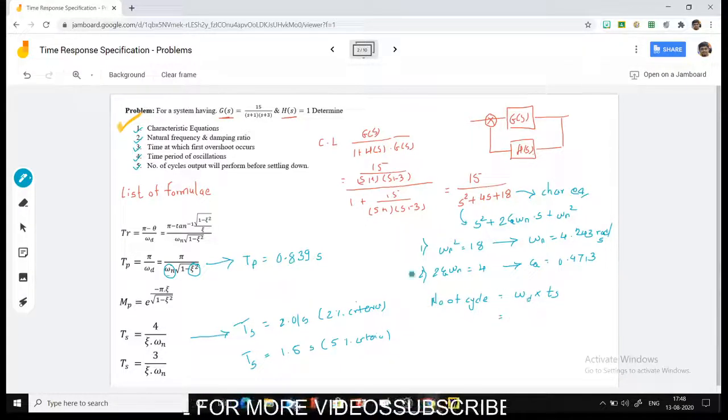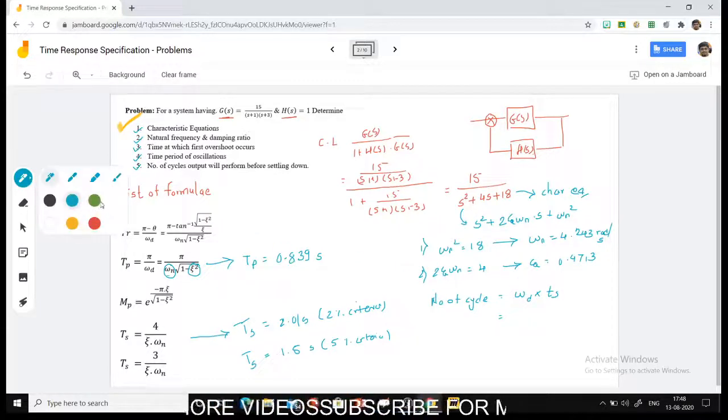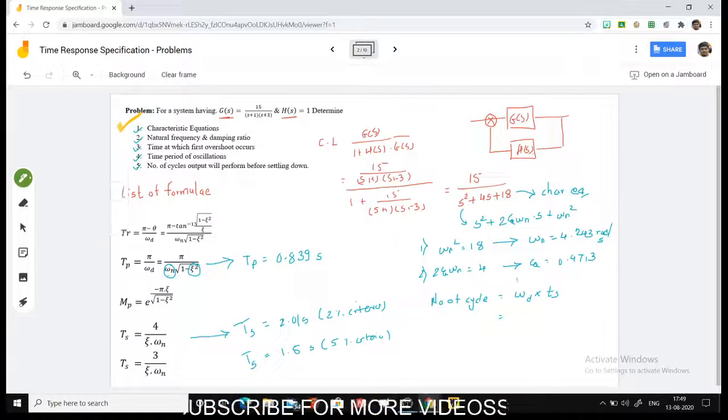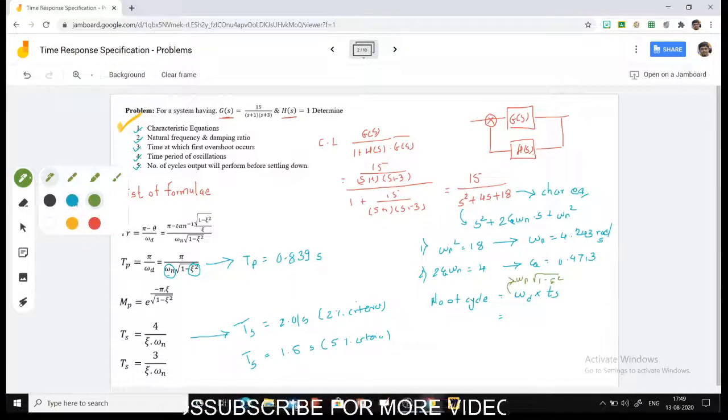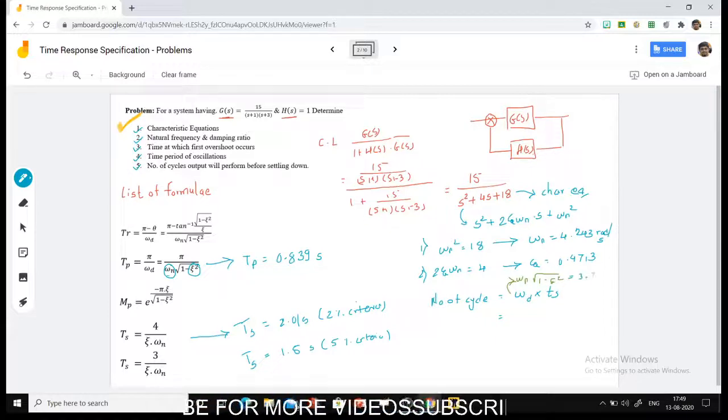The value for omega d you can find by a simple formula, which you have already substituted in Tp: omega n under root 1 minus zeta square. That is your omega d. By substituting that value, you will get omega d equal to 3.75, and you will multiply this with Ts.